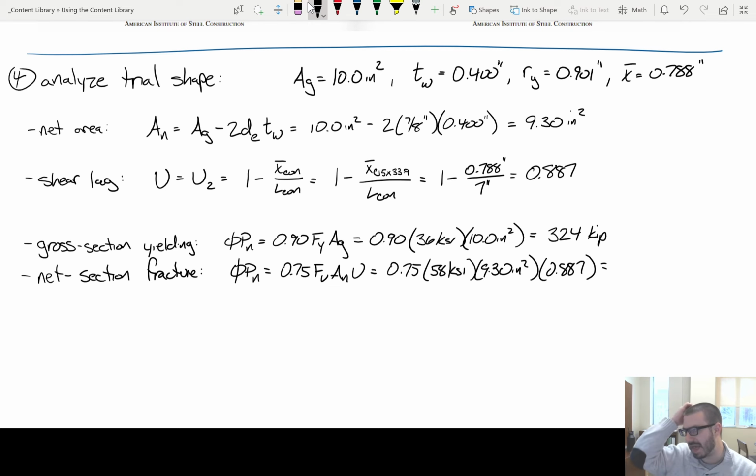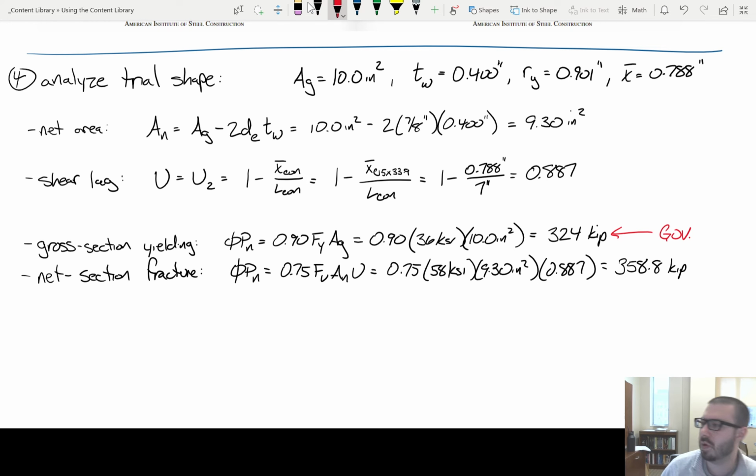And so when you chug that out, you end up getting like 358.8 kips. So between the two, which governs? Well, gross section yielding is the one that governs. But are we good? Well, what was the factored load? The factored load was 312 kips. So we are good. And I'm going to do a summary here in a little bit because I think that's a very important aspect of the problem.